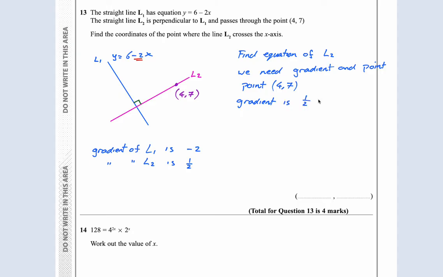So I'm going to find the equation of the line. I like to use this formula, guys. y minus y1 equals m into x minus x1. Sub in our point, y minus 7, because y1 is 7. That's my x1, y1. And m is a half, a half into x minus x1, which is 4.